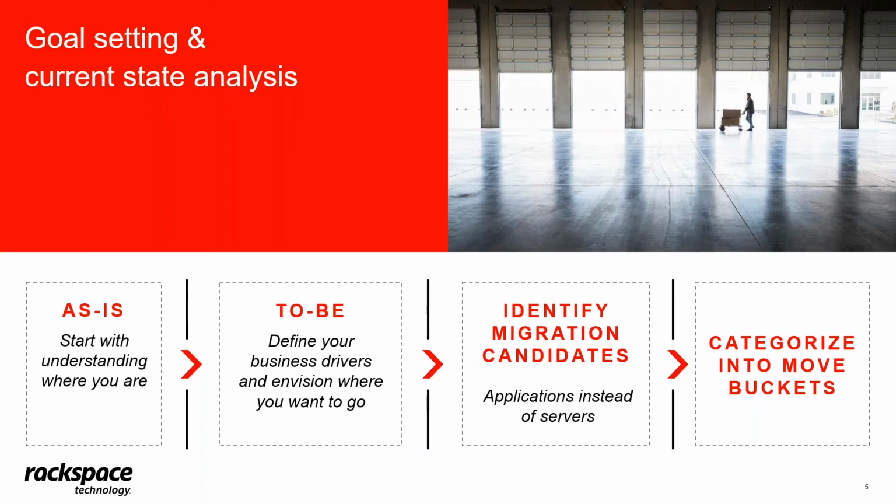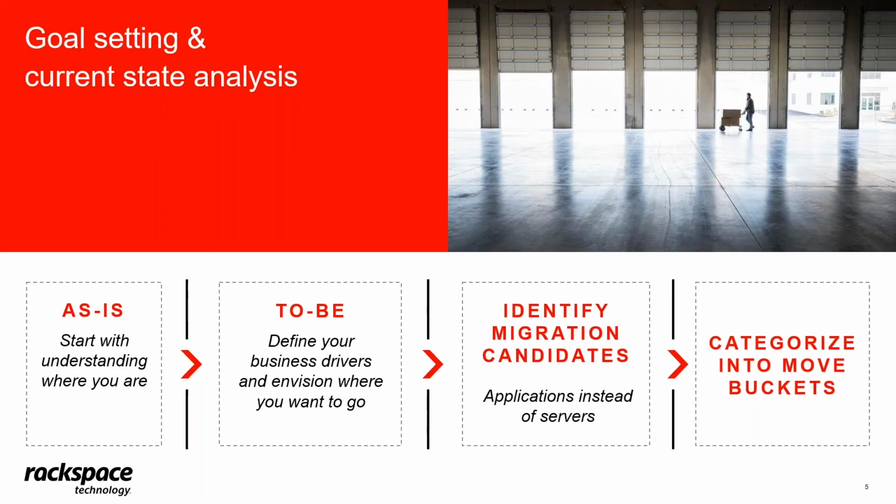So once you have done those, it's time to analyze. There you have to understand what you have in terms of applications. You need to know your application landscape, and that's the cornerstone of every successful migration project. When you know what you have, it's much easier to make the right decisions towards what you want to achieve, and those decisions will be informed. So having that full list of your application landscape will allow you to identify your migration candidates.